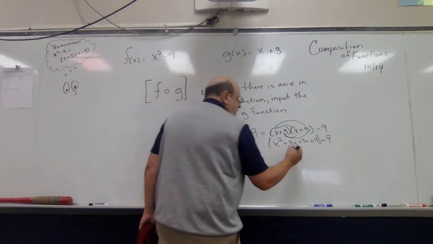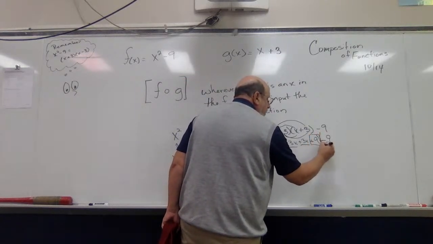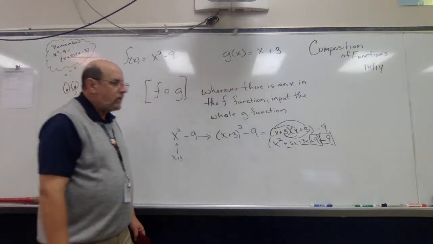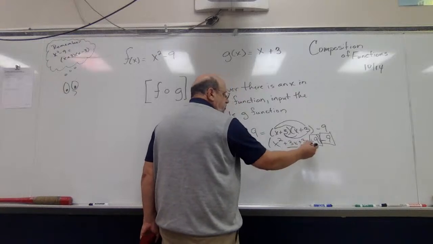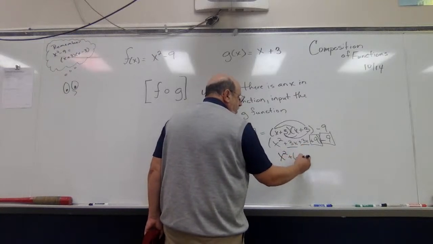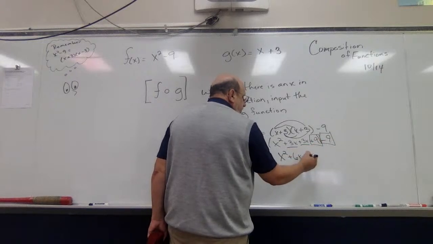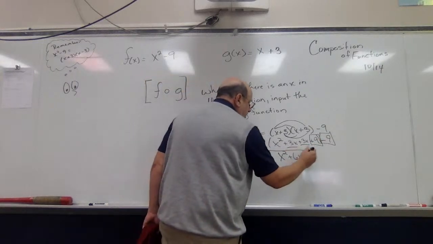I have like terms here, and I can combine those, right? So x squared, what's 3x plus 3x? 6x. 6 of them. What's plus 9 minus 9? 0. Nothing, right? So we are finished.